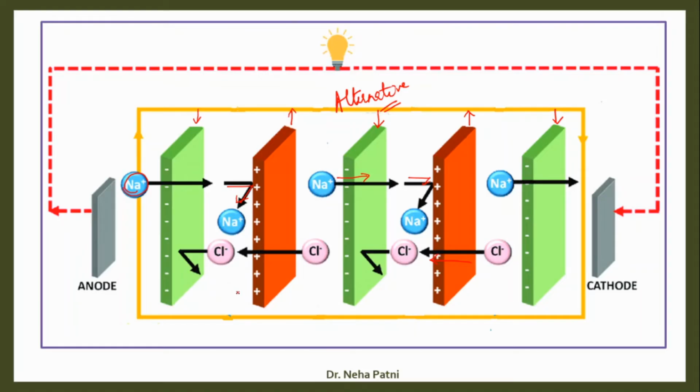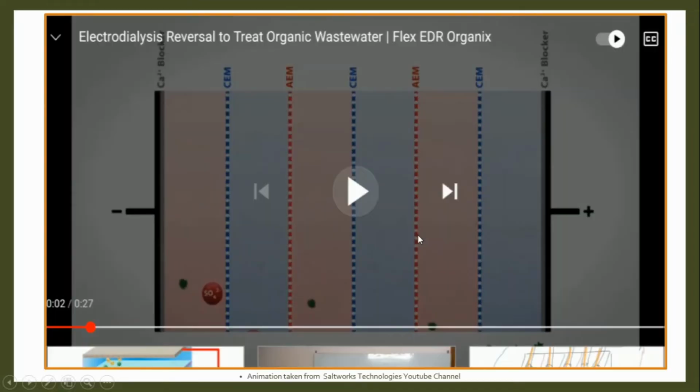Now if you focus on this experiment, you will see that there are 2-3 types of chambers involved. These two are the same, wherein you have concentrated NaCl ions, while these two are where you don't have those NaCl ions. So you can collect the water from these two compartments, which would be pure, and you can collect these two salts also. So let me explain with one more video.